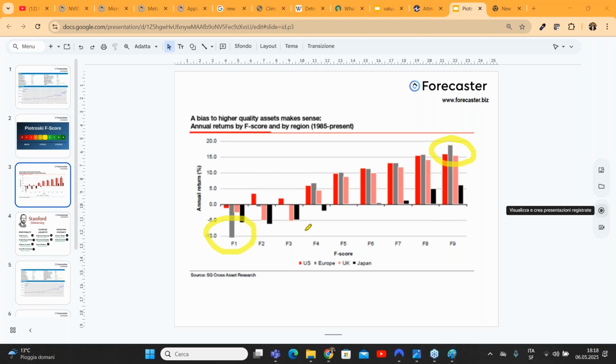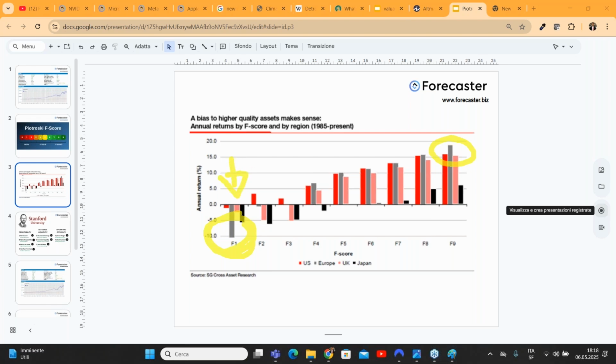If you buy only companies with a Piotroski score of 1, which means it's not performing well fundamentally speaking, a group of shares made of only very low Piotroski scores will underperform the market.